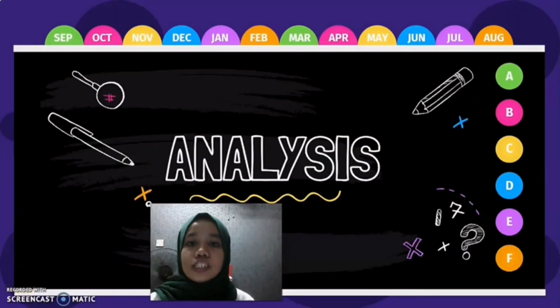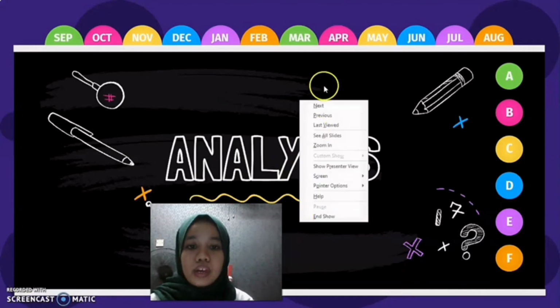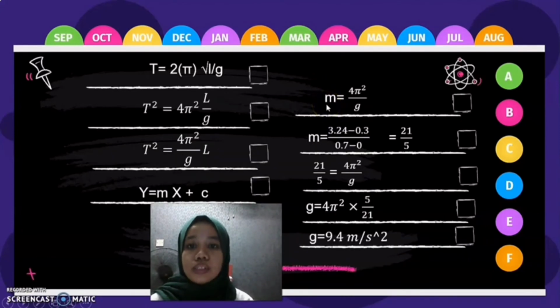Next is the analysis. As we know, our objective in this experiment is to find the acceleration due to gravity by using a simple pendulum. By using the simple pendulum formula, T is equal to 2 times pi times square root of length over gravity.